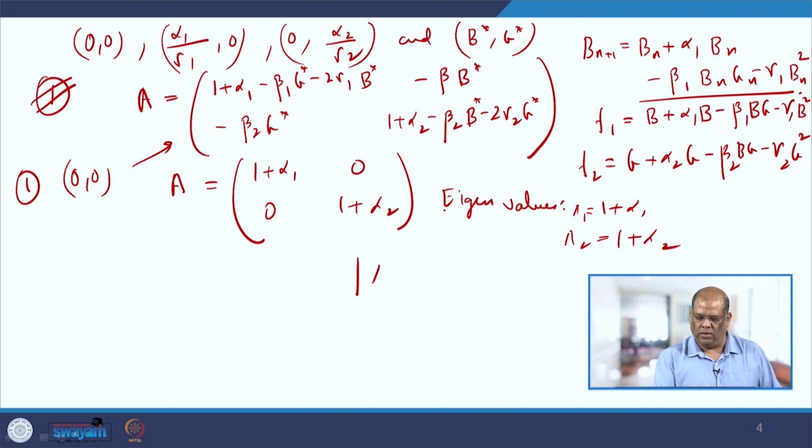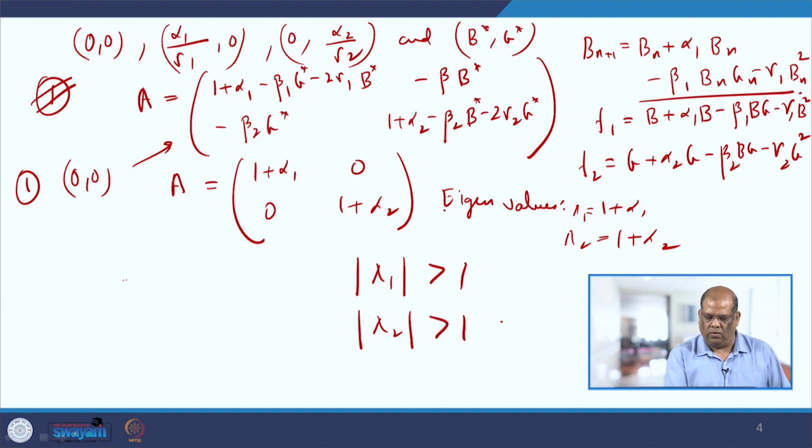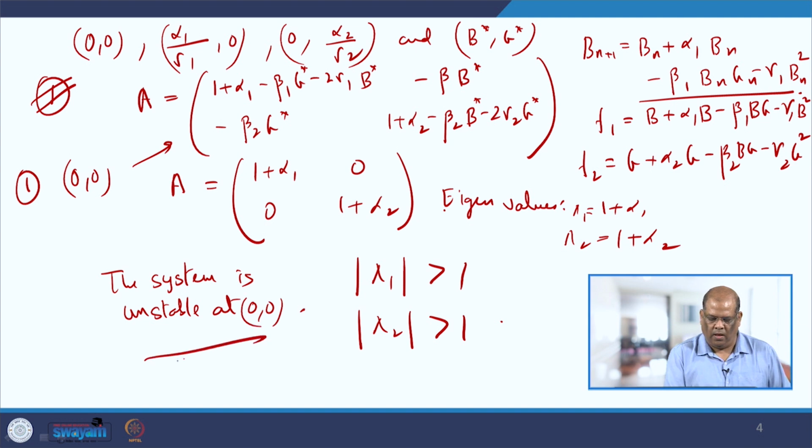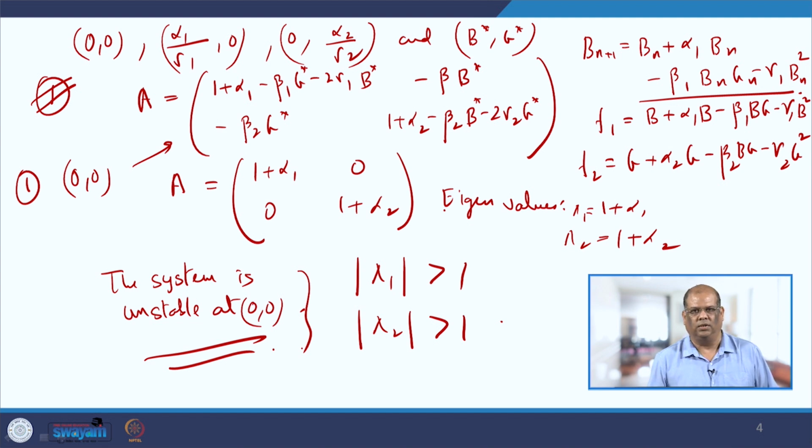So, the modulus of lambda 1 is greater than 1, modulus of lambda 2 is greater than 1. So, the system is unstable at 0, 0. So, 0, 0 means both the species die and nobody wants an extinction. So, that is why it is obvious, and as the model suggests, the system is unstable.